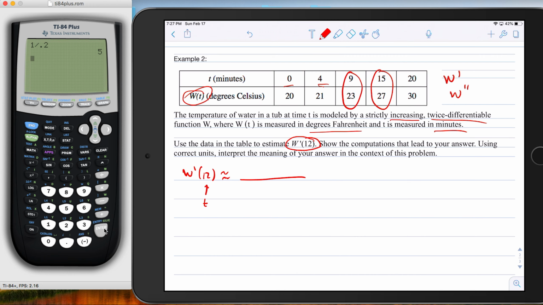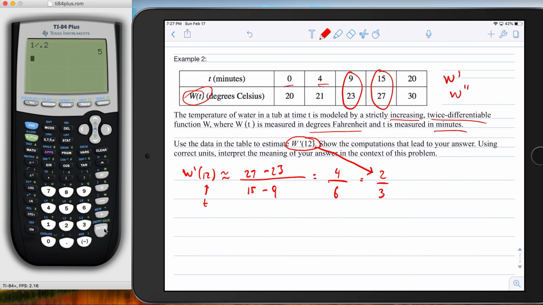So we do y2 minus y1, so 27 minus 23, all over 15 minus 9. And so you get 4 over 6, which you can leave like that, or if you'd like to reduce, you can have 2/3. So the actual value of W prime of 12 is 2/3.